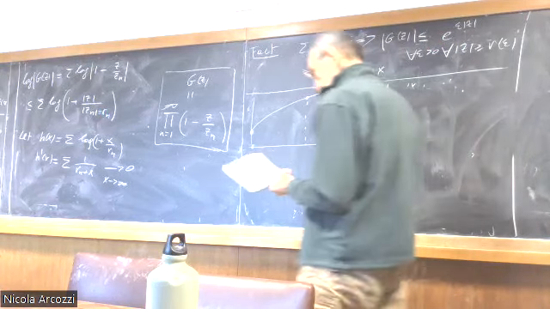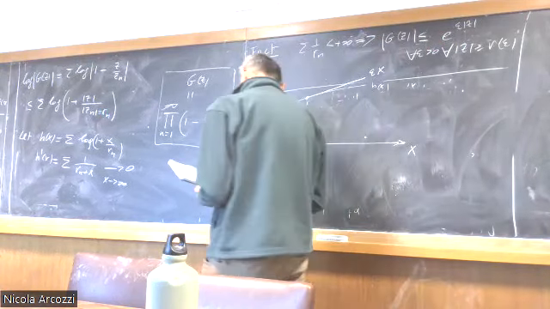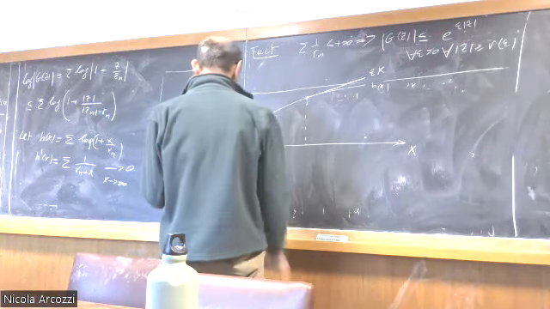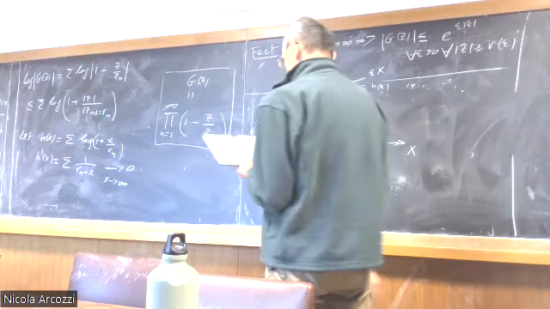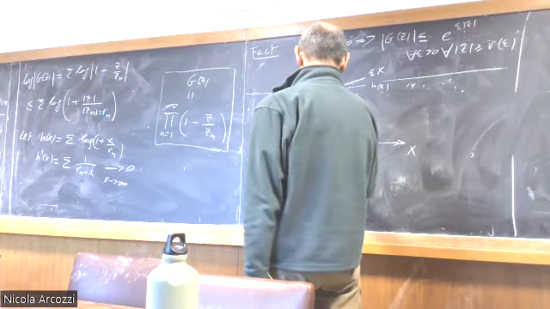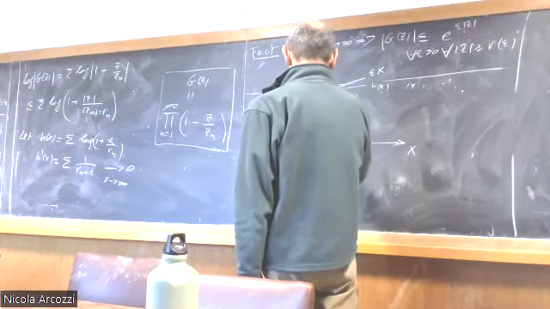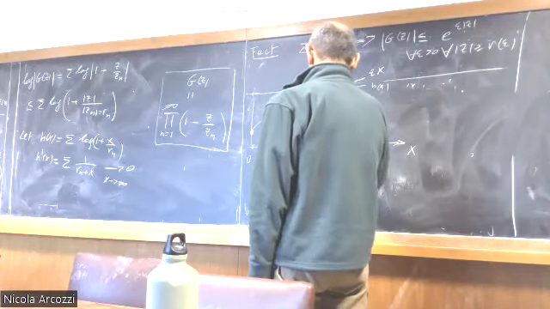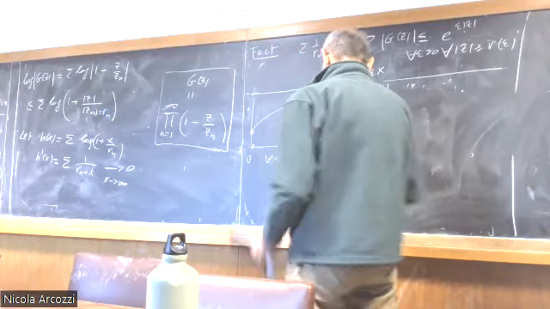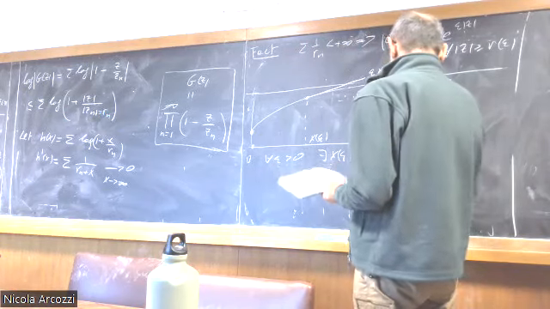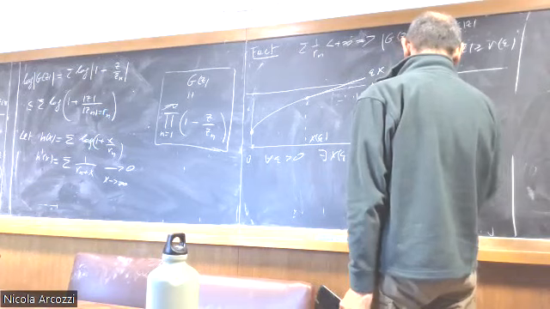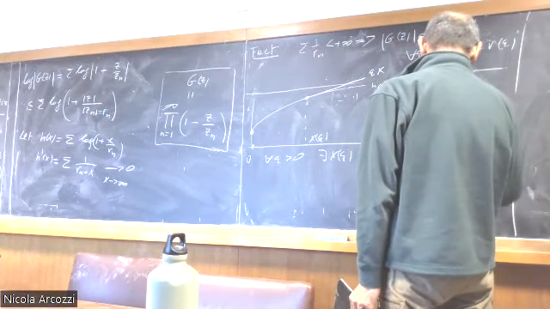And from that we get that for epsilon bigger than 0, there is some x epsilon so that h of x minus h of x epsilon is less.